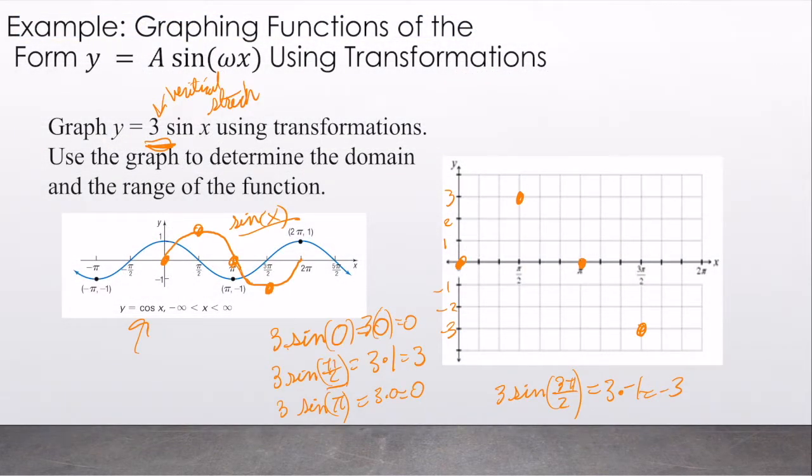And then lastly, if I take 3 sine of 2 pi, well, 2 pi is the same as 0, so that's 3 times 0, which is 0. So here's my new sine graph of y equals 3 sine of x, and all I did was vertically stretch that graph by 3.